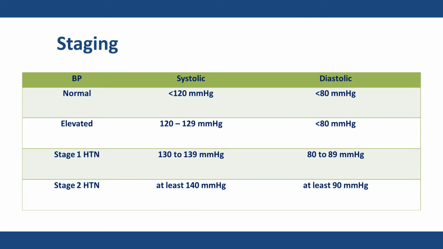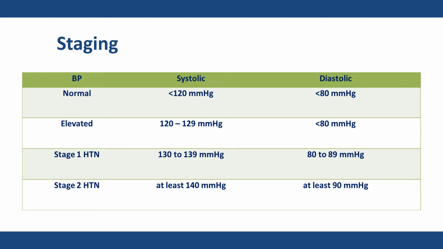All right, staging of blood pressure guidelines. Now, I can't believe that we have been arguing over a few millimeters of mercury over the past several decades. What I mean by that is that here in the US we have different guidelines than Europeans and Asian guidelines, and even here in the US we change guidelines so often.